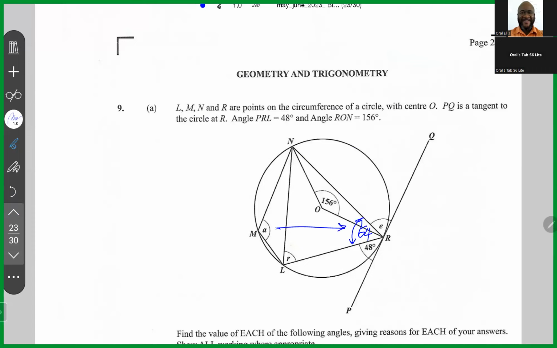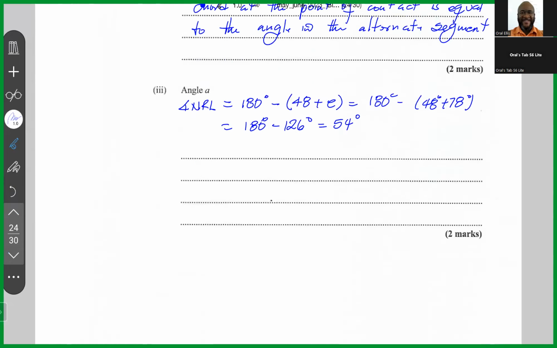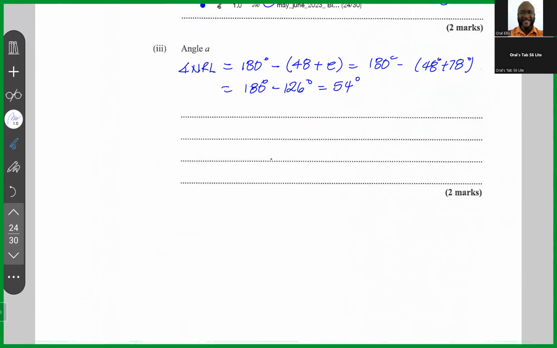And opposite angles in a cyclic quadrilateral are supplementary, meaning that they add up to 180 degrees. So I can say that angle A is equal to 180 minus 54 degrees, which is equal to 126 degrees.